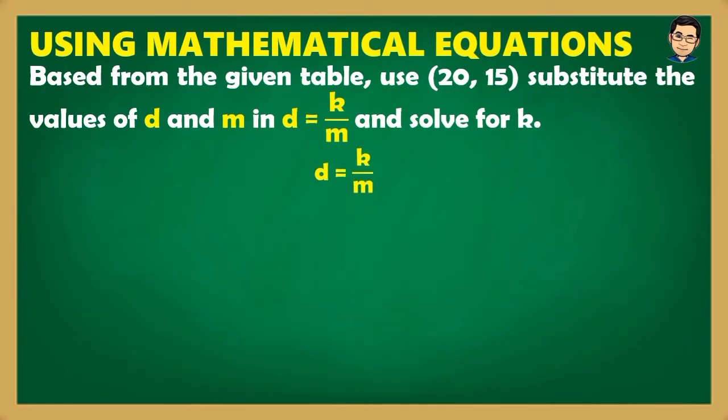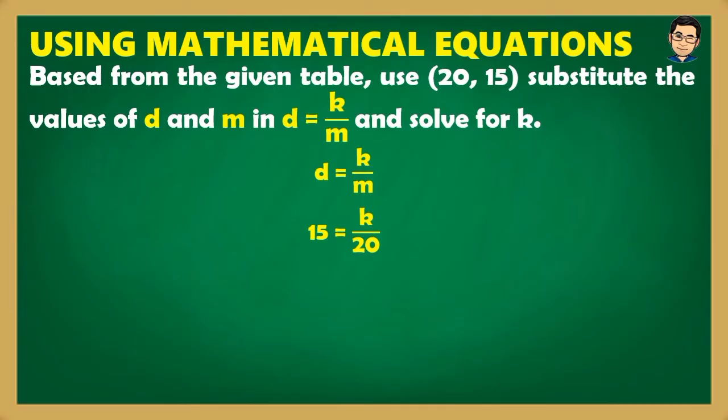So we write D is equal to K over M, and then substitute D and M. D is 15, and M is 20. Again, D is days, and M is the number of men.